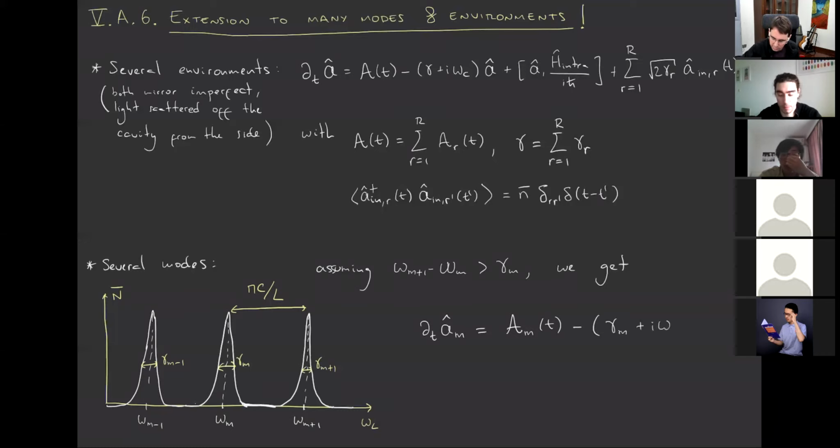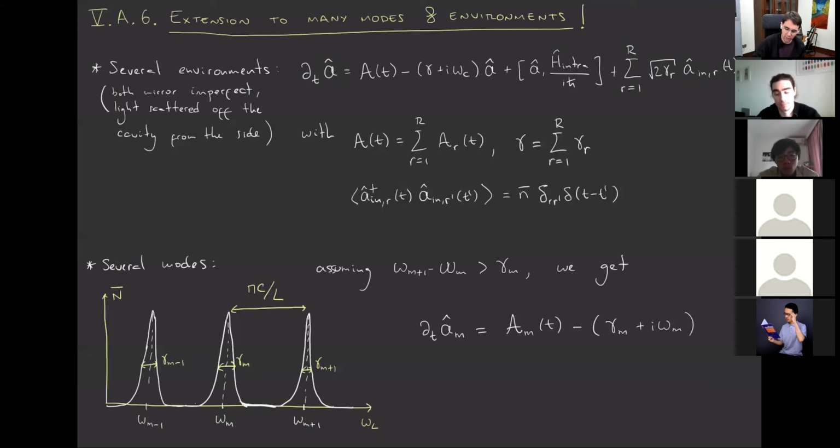Of course, if the cavity modes are very close, because this is still a small number compared to maybe the transmission factor of the mirror, then gamma m is still equal to gamma m plus 1 and still equal to gamma m minus 1.